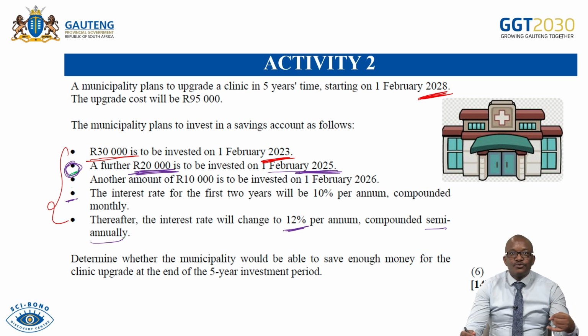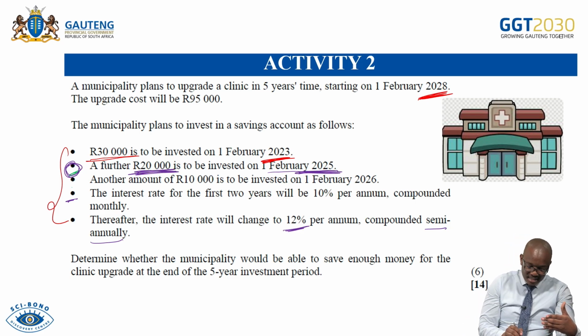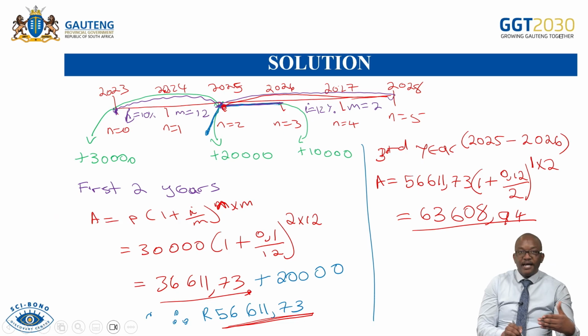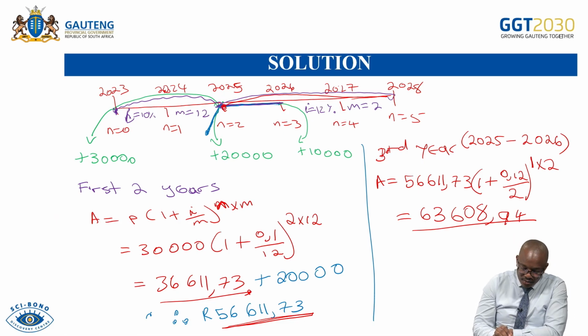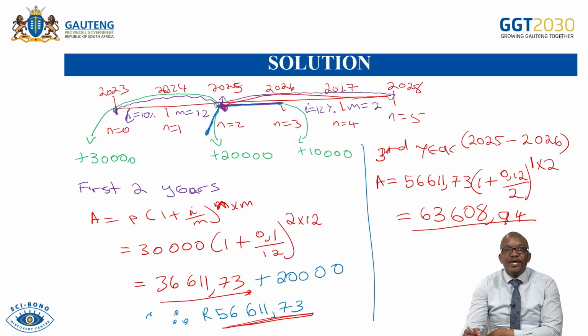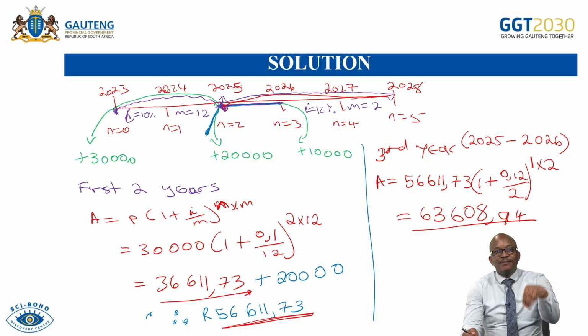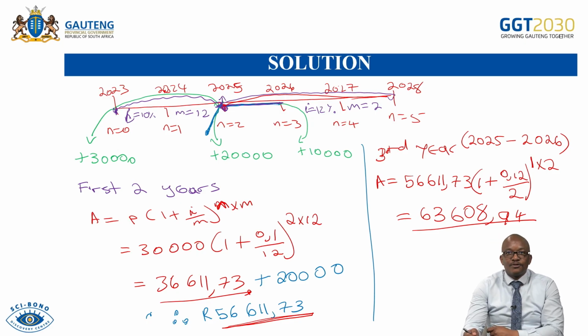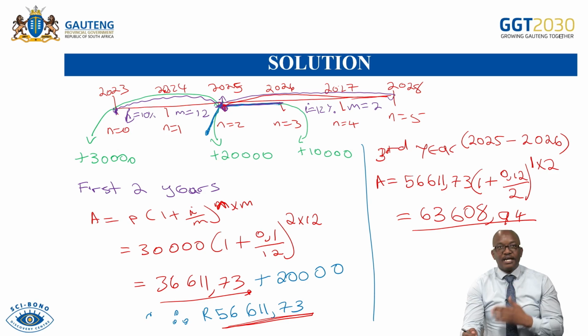You say 2024, 2025. Then you can see that the 20,000 is deposited after 2 years. Hence now, in 2025, after 2 years, that's where we add 20,000 to our investment. Remember, it's deposited. So I hope you get that one.